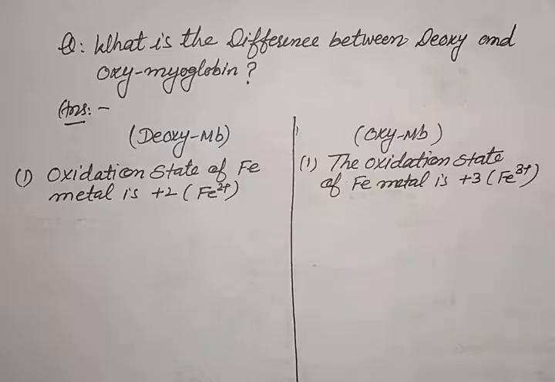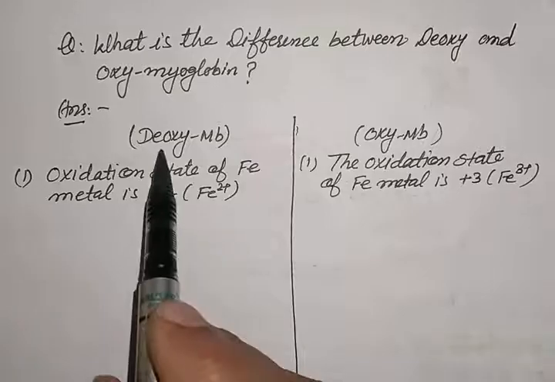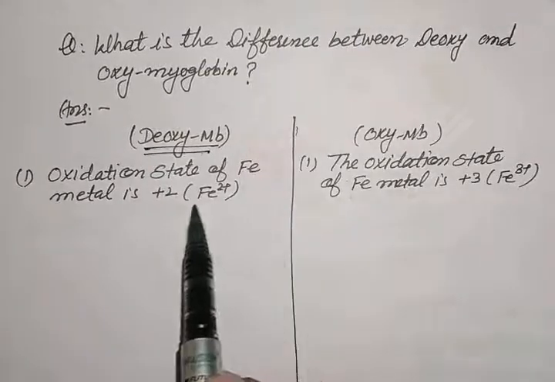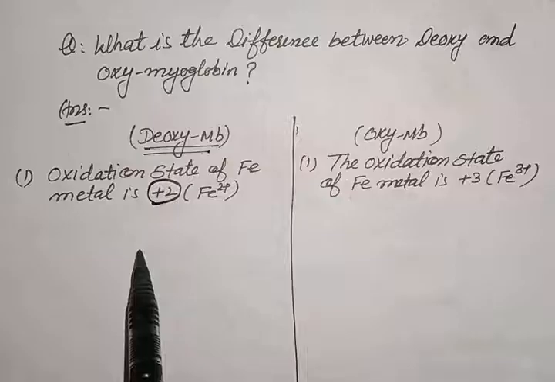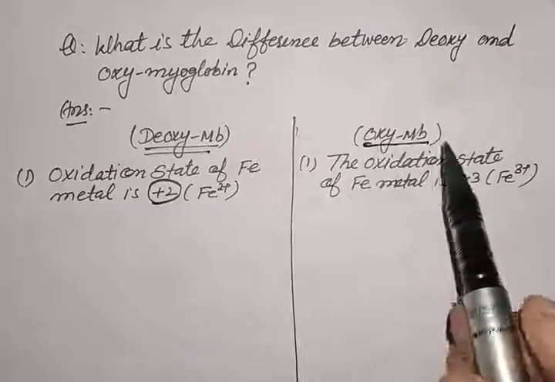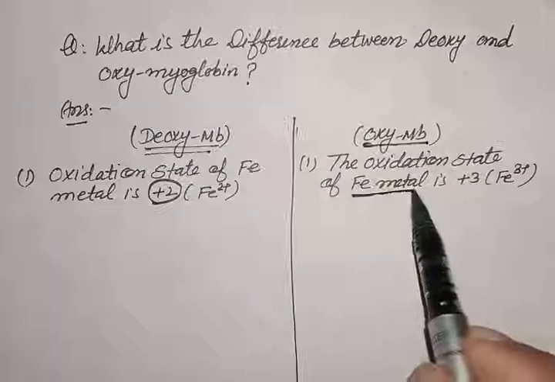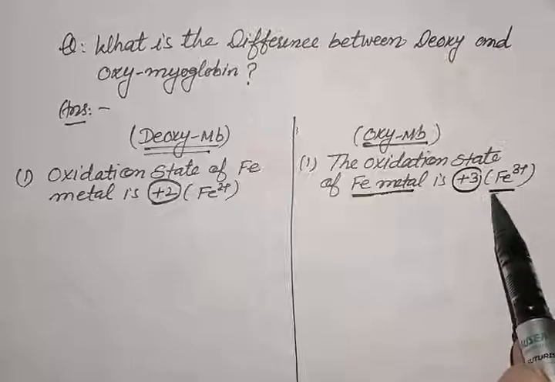The next question is, what is the difference between deoxymyoglobin and oxymyoglobin? The first difference is that the oxidation state of the metal ion in deoxymyoglobin is +2, that is Fe2+. In the case of oxymyoglobin, the oxidation state of the Fe metal is +3, that is Fe3+.